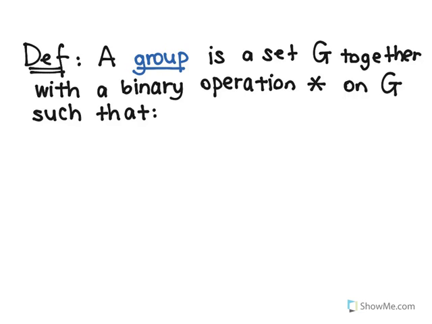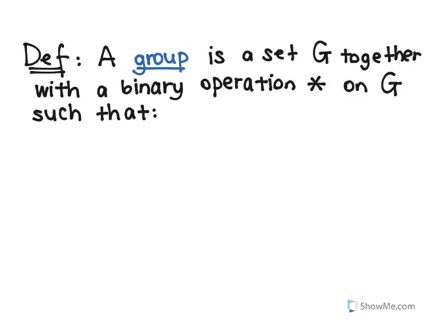Okay, so with these foundations about binary operations in place, we're ready for the moment of truth, the definition that's really going to form the foundation of our study of abstract algebra, the definition of a group. So a group is defined as a set G together with a binary operation on G. I'm going to call that binary operation star for now to remind myself that it might be plus, it might be times, it might be composition, it might be something weirder that we haven't even thought of yet.